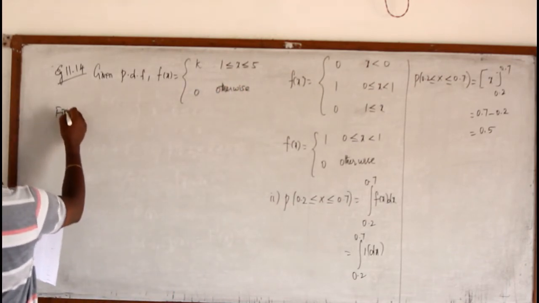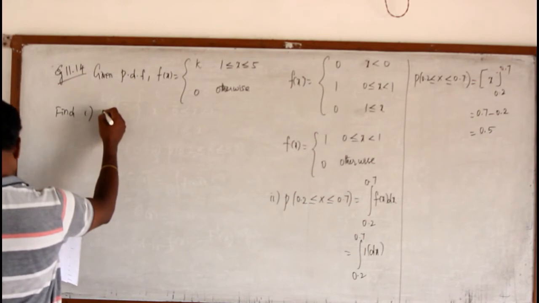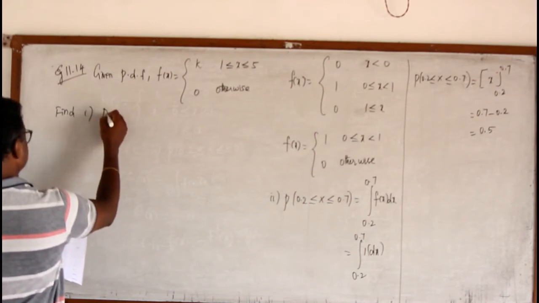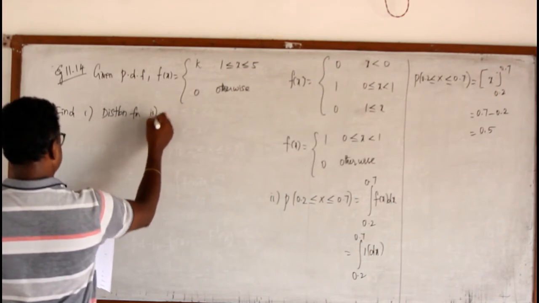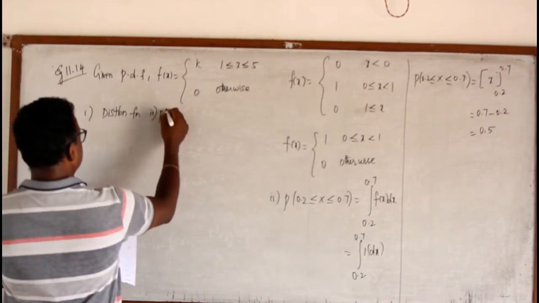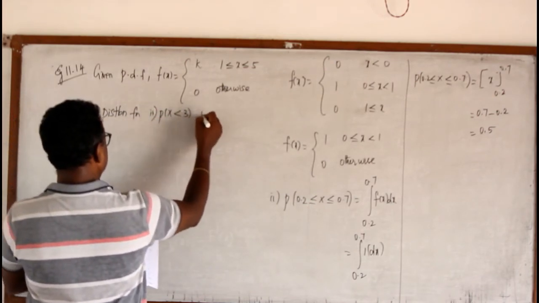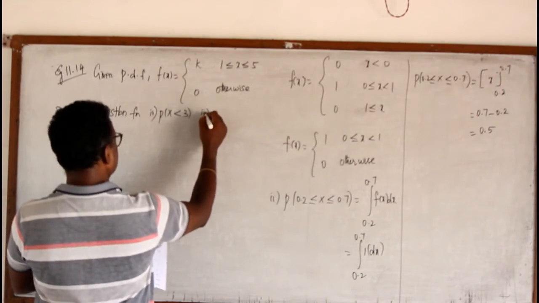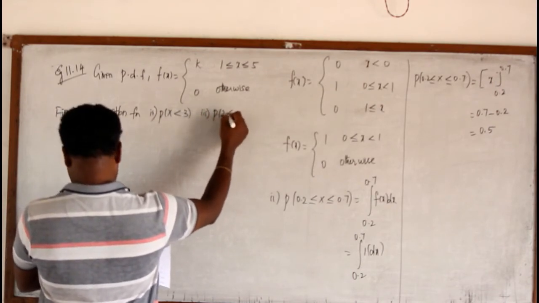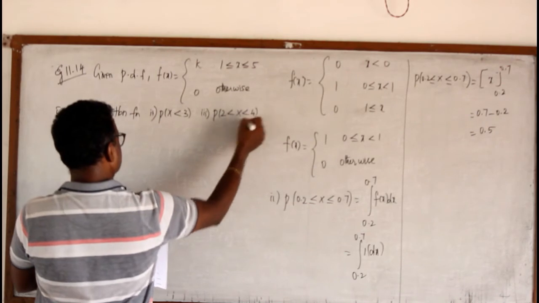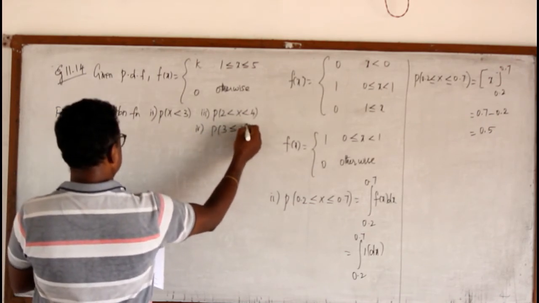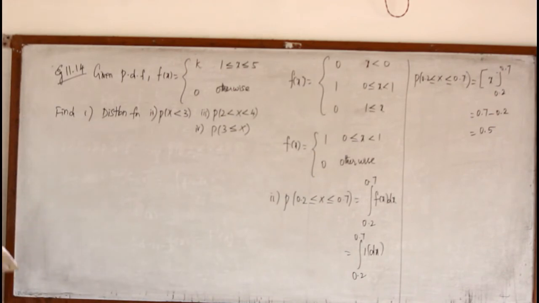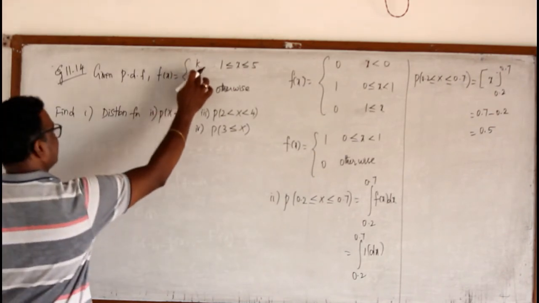Find first question distribution function, and second question P of x less than 3, and then third one P of 2 less than x less than 4, and fourth one P of 3 less than or equal to x. But before finding this, I must find the value of k.